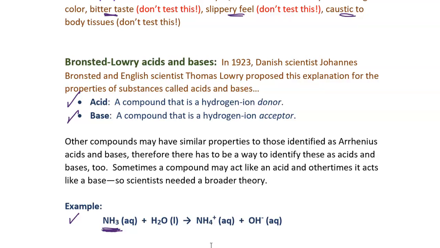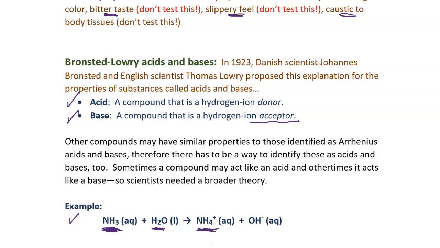This substance, NH3, is a base according to the Bronsted-Lowry definition. So let's take a look at that definition again. A base is a compound that is a hydrogen ion acceptor. Did this NH3 accept a hydrogen from the other substance that's a reactant to create a product that has an additional hydrogen in it?